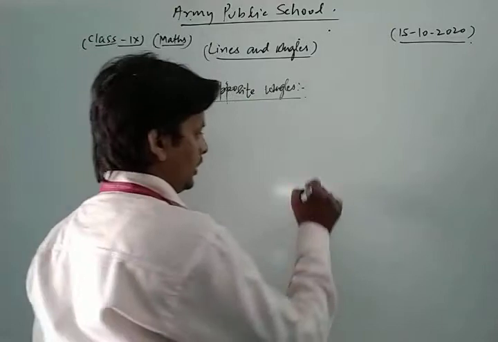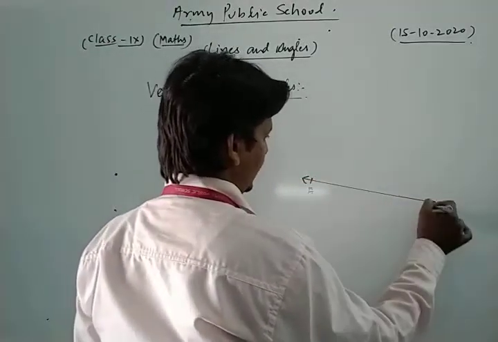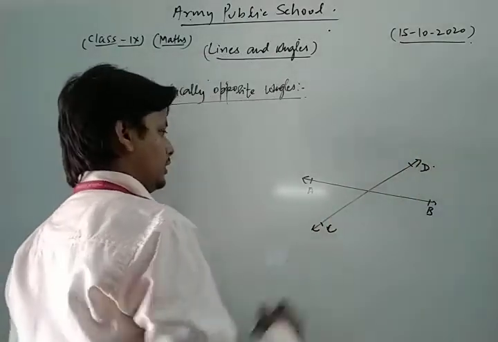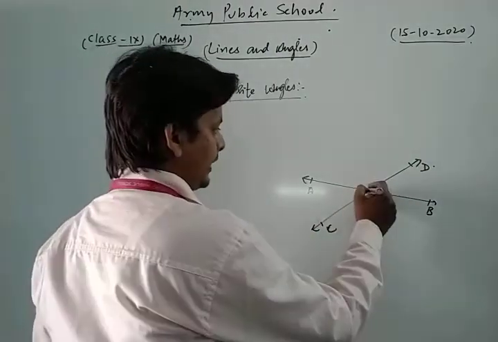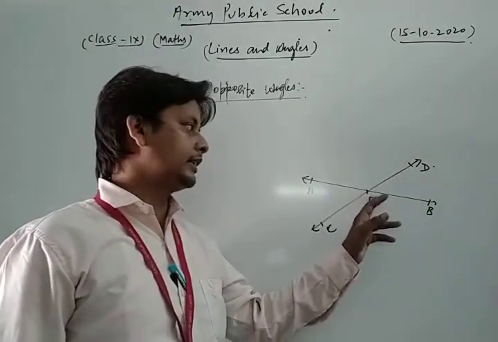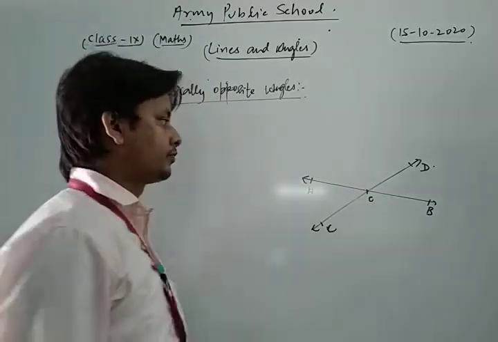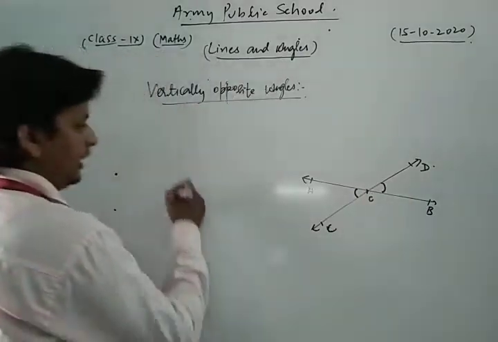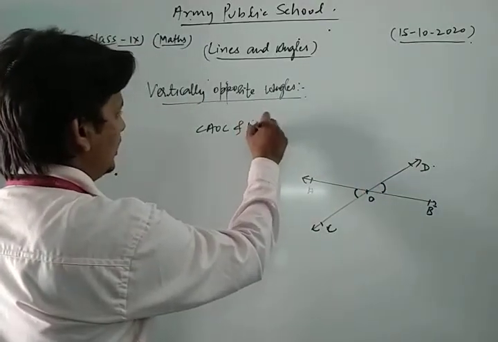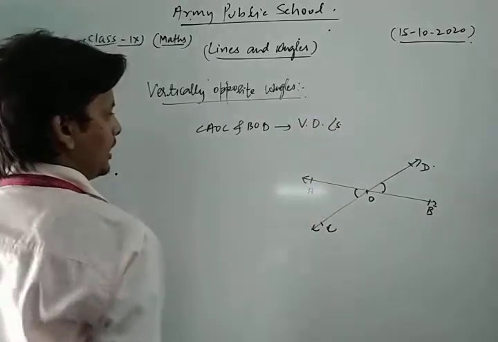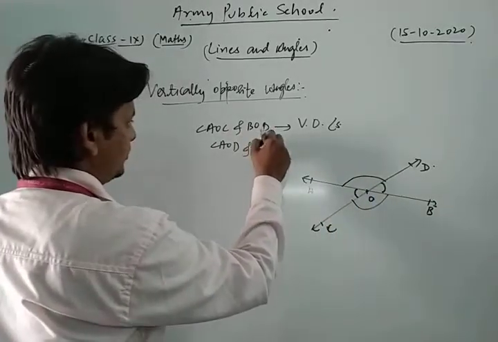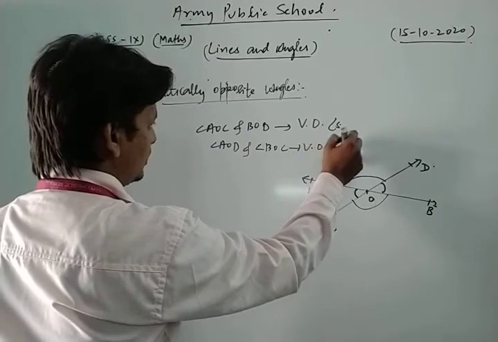Dear students, you know that suppose two lines AB and CD intersect at point O. Then the pair of angles AOC and BOD are said to be vertically opposite angles, and the pair of angles AOD and angle BOC are also called vertically opposite angles.